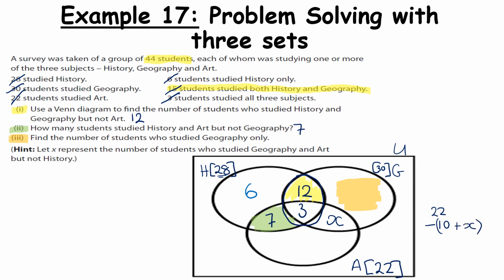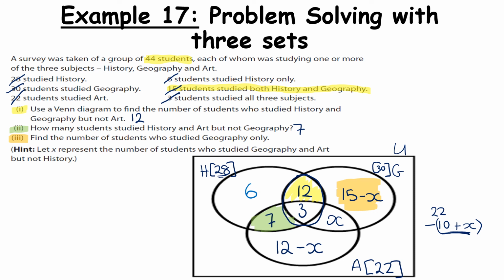So focus on the numbers and we'll get 12 take away x. Okay, so there was 22 in total. We've already filled in this part. Taking that away gives me 12 minus x. We can do something similar here. We get 15 minus x. So 30, take away 12, take away 3, and take away x.